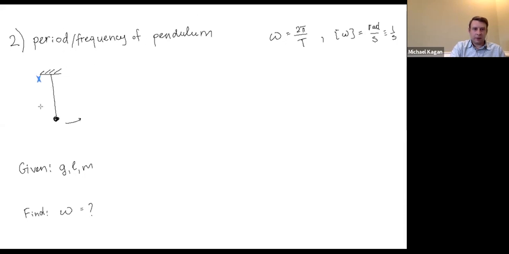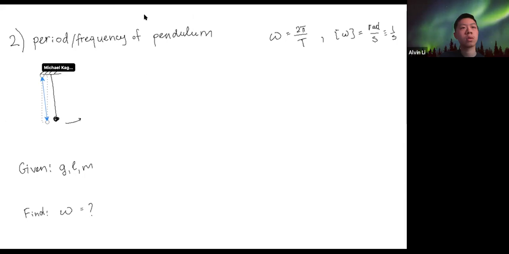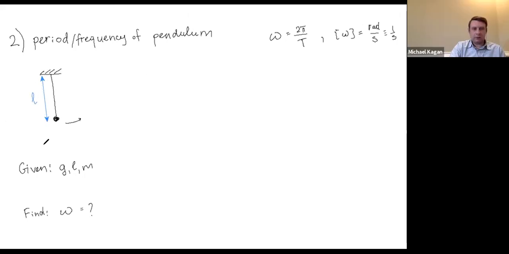While you're thinking, I'm going to label this as L, and G is acceleration of gravity. M is the mass of the ball. Do you think Kelvin covered everything?